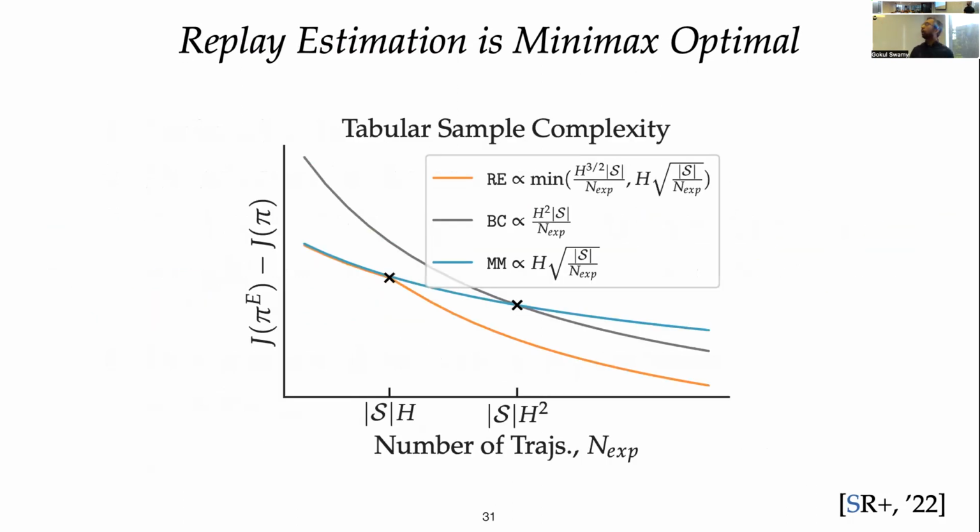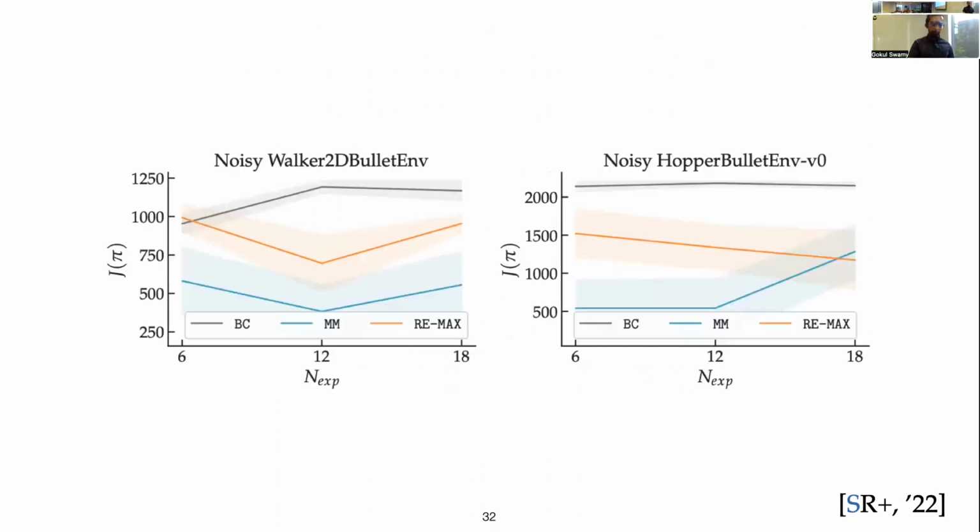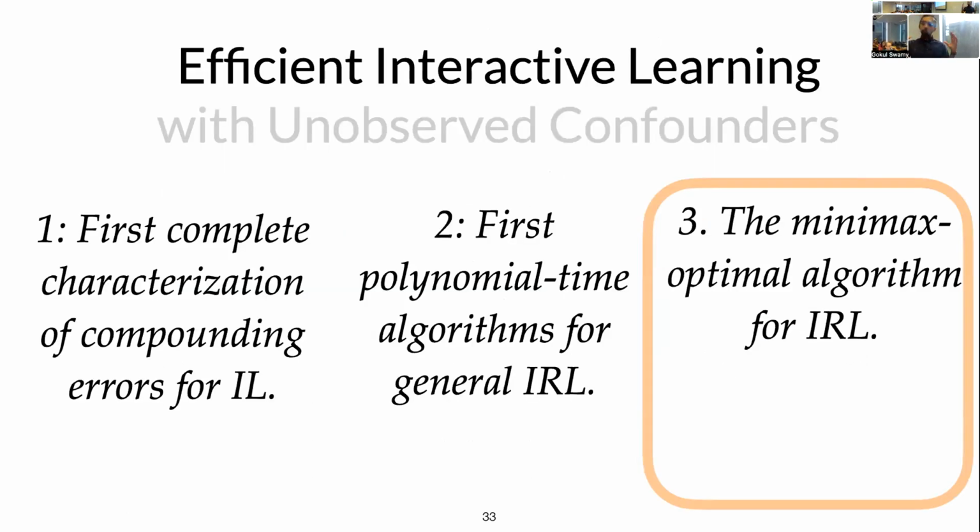If we think about a tabular problem, we get a bound on the maximum difference between learner and expert performance that is tighter here in orange than what you get for behavior cloning, here in gray, or inverse reinforcement learning, here in blue. And we implemented this on some MuJoCo tasks. To sum that up, we were able to derive the minimax optimal algorithm for this problem, which gets the best use of a finite set of demonstrations.